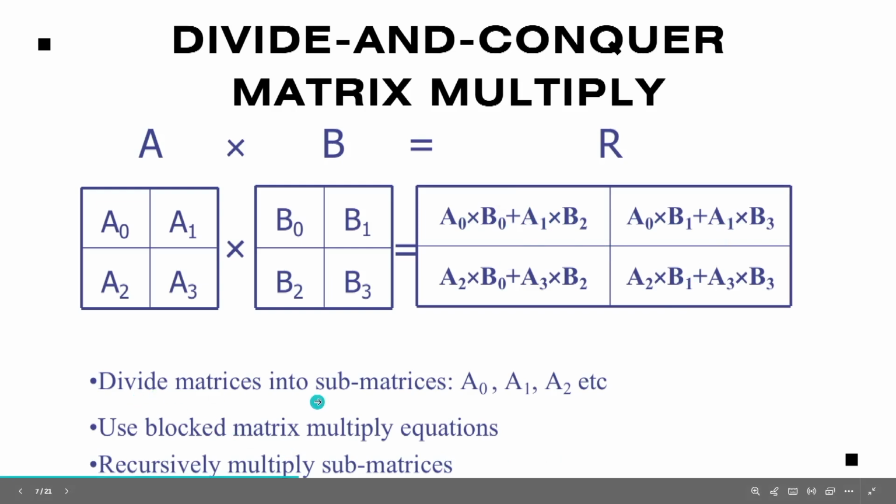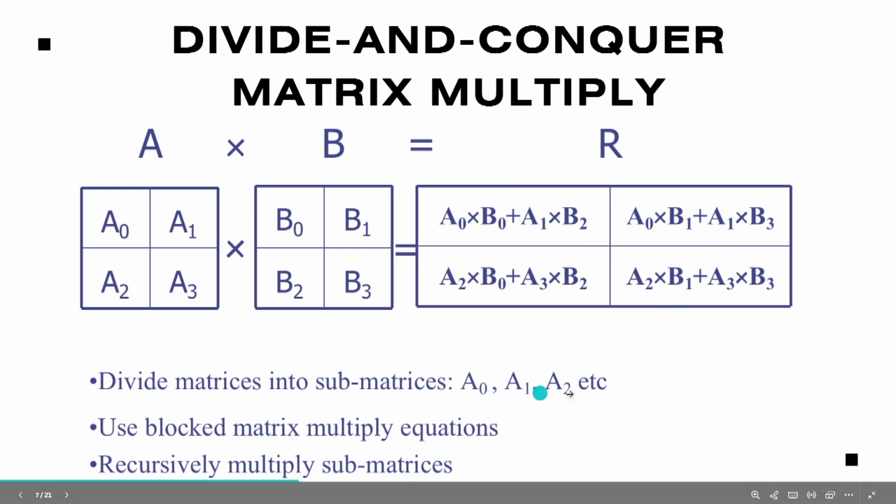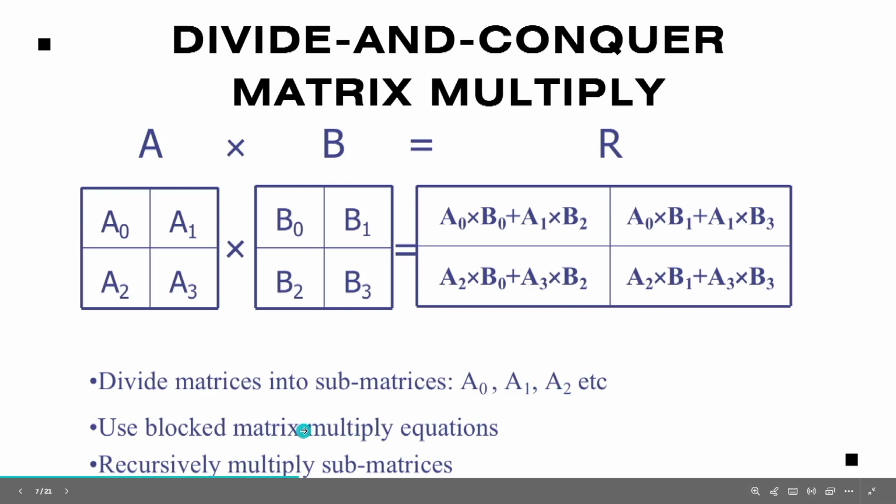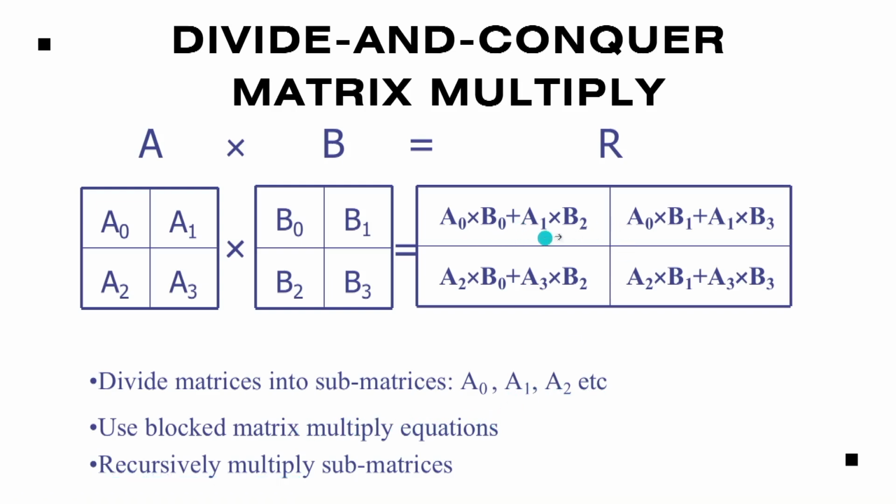So, we divide the matrices into submatrices A0, A1, A2, etc., and then we use blocked matrix multiply equations, and finally we recursively multiply each of those submatrices to get the result for this matrix multiplication.